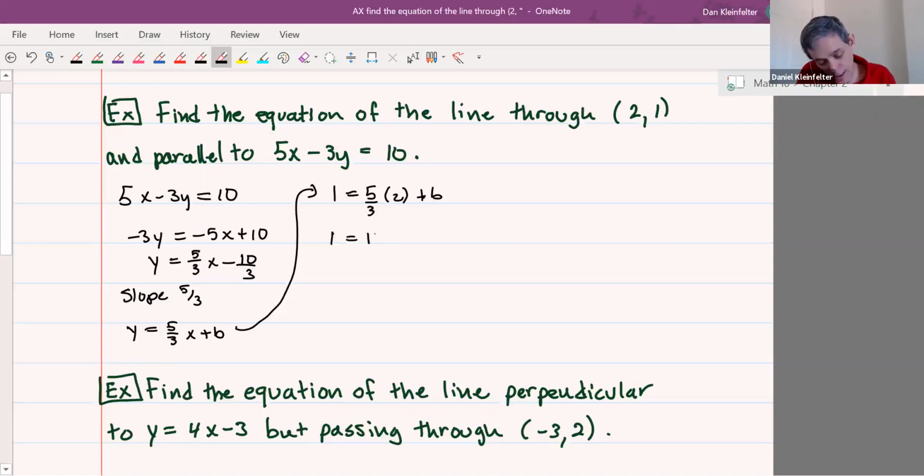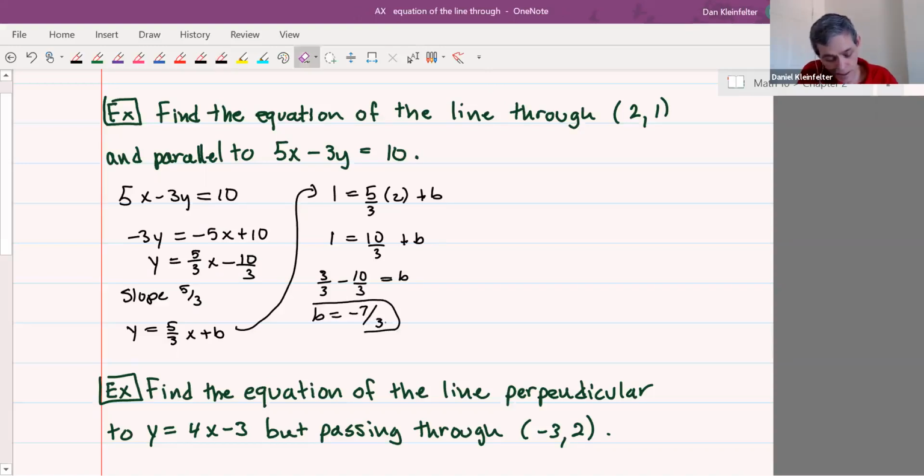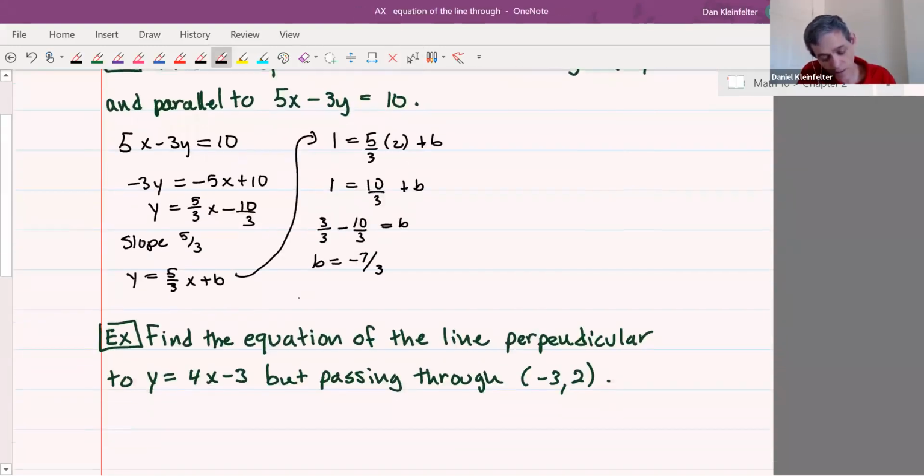So 1 is 10/3 plus b. 1 is 3/3. 3/3 minus 10/3 will be our b. So b is -7/3. So that's not the final answer. We're supposed to come up with the equation. That was 5/3 x minus 7/3.